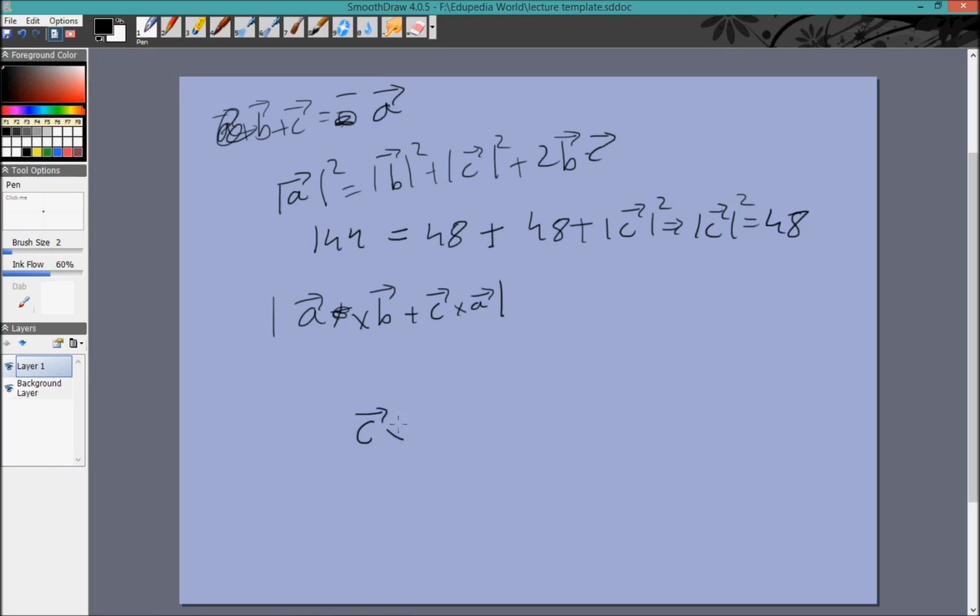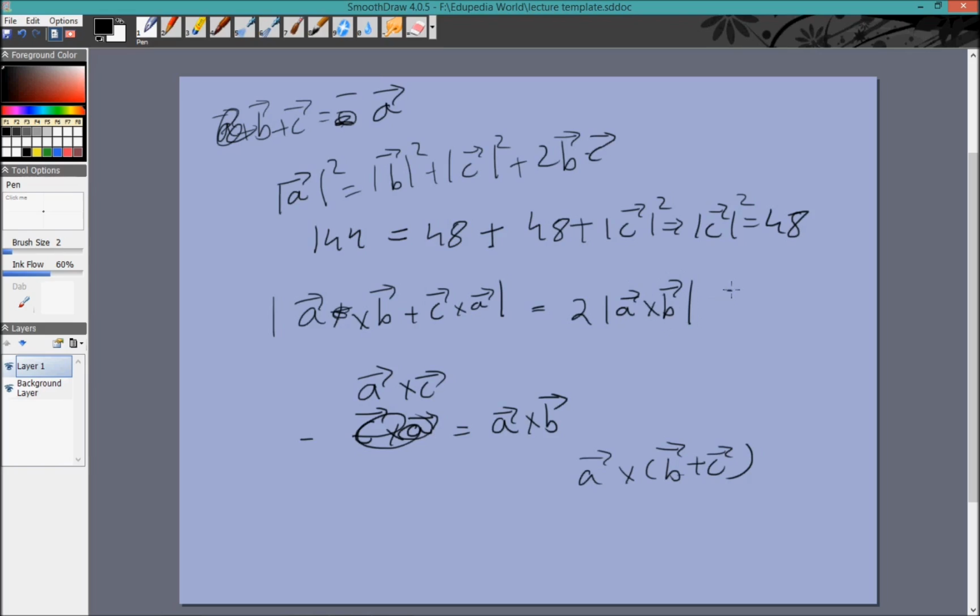But actually C cross A is equal to A cross B. Right, because this will be minus of A cross C, and if we take this towards this side, it will simply be A cross of B plus C. And we know this has to be 0 because B plus C has to be in the same plane as A. Right, so this is basically nothing but 2 times A cross B. That is 2 mod A mod B sine theta. So we need the angle between them. We know mod A, we know mod B, we know A dot B. Right. So we can try to calculate this.